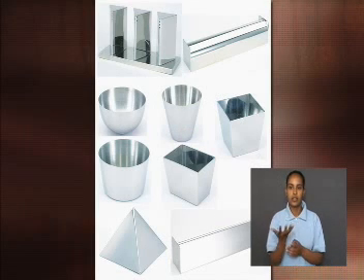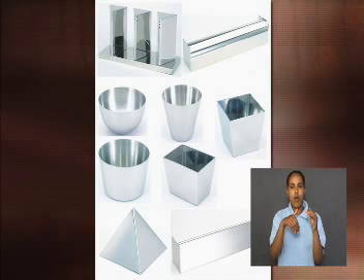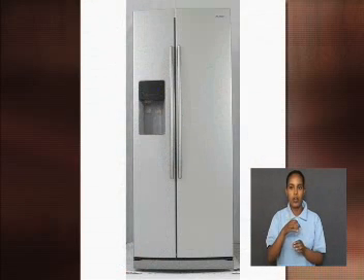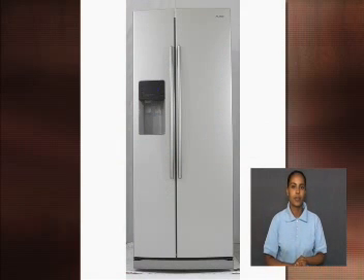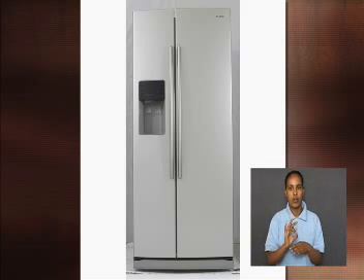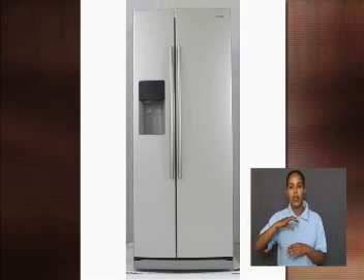Stainless steel is used for all sorts of things, such as kitchenware, appliances, and tools. Chromium is also used to electroplate other metals. This process provides a shiny, corrosion-resistant surface.